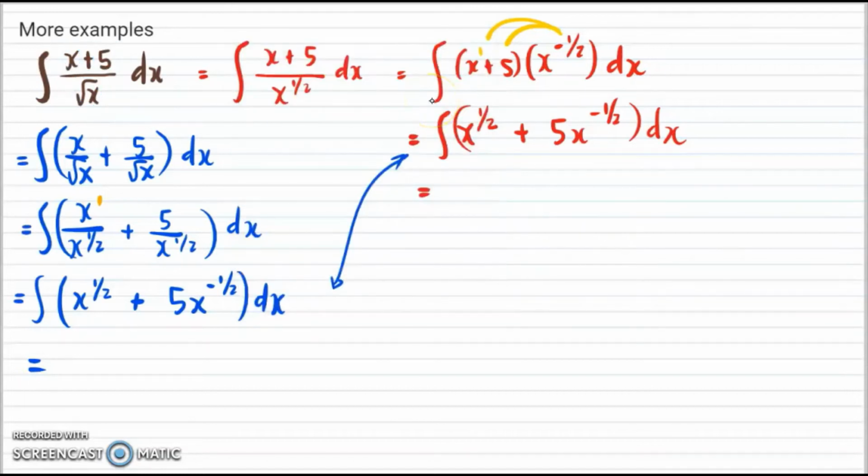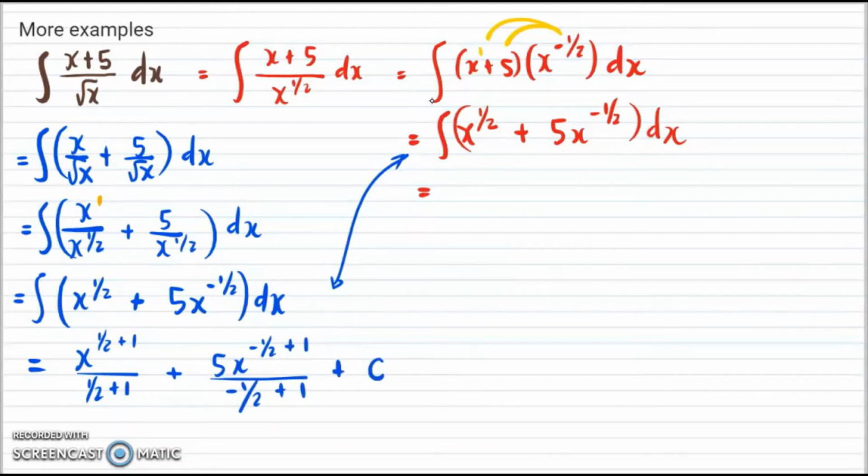Since we are applying the integration rules now, we will drop this integral symbol here. So we have x raised to 1/2 plus 1 over 1/2 plus 1, plus 5x raised to negative 1/2 plus 1 over negative 1/2 plus 1, plus c, of course.